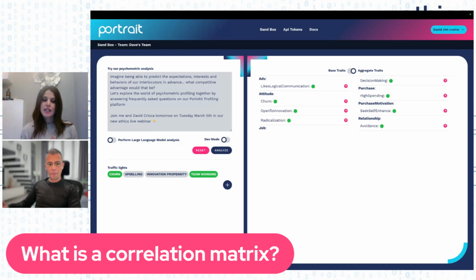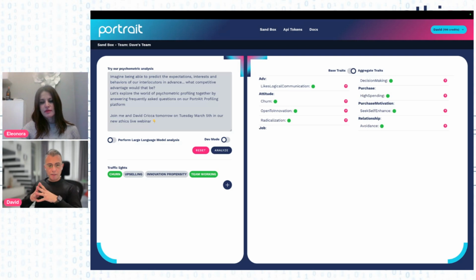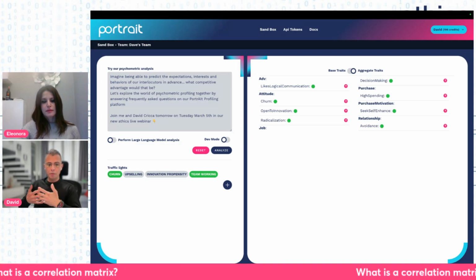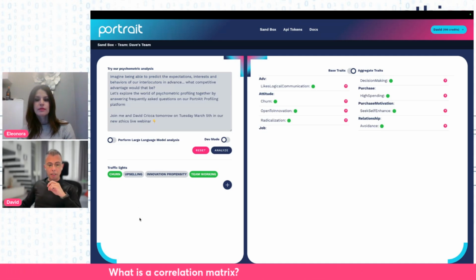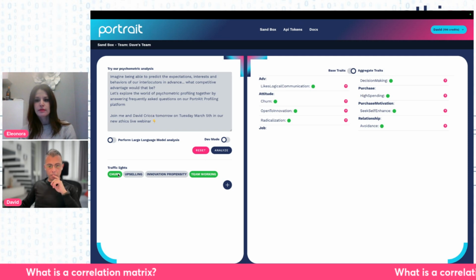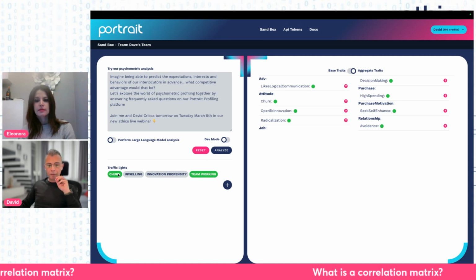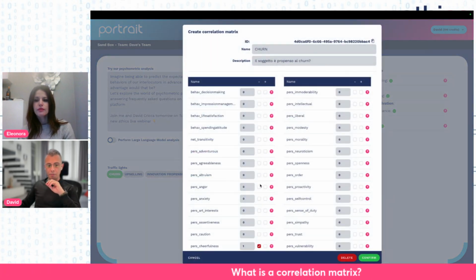is a correlation matrix? Well, a correlation matrix contains the individual psychometric traits that are related to the behavior and attitudes that we want to detect. If you want to know if a person is at risk of churn, for example, you can create a specific correlation matrix and identify the relevant traits to identify a specific behavior.